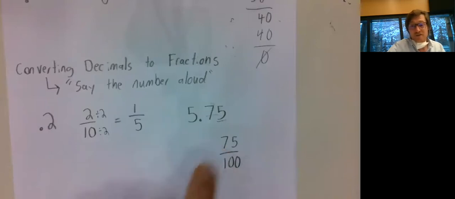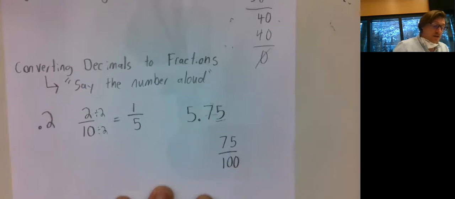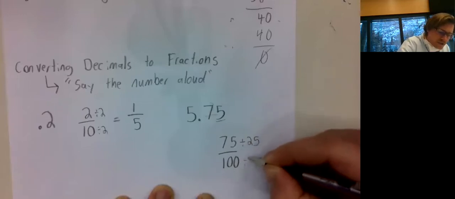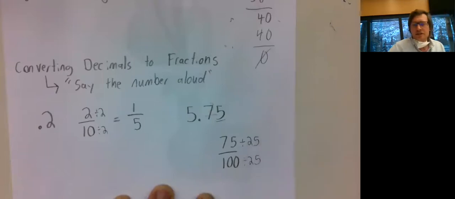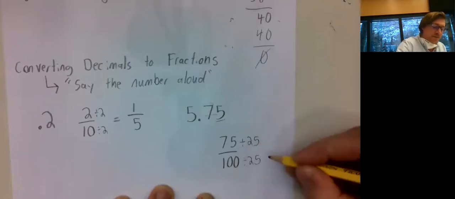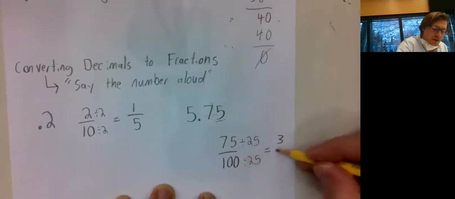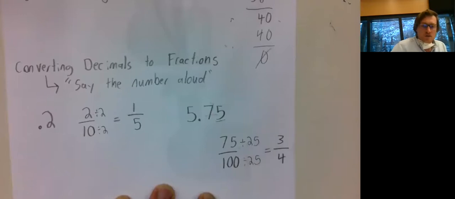Well, how many quarters do I have if I have 3? If I have 3 quarters, I have 75 cents. So I can divide each of these by that quarter, that 25 cents. Each of these is divisible by 25. So 75 divided by 25 is 3. 100 divided by 25 is 4. So there is my fully reduced fraction.